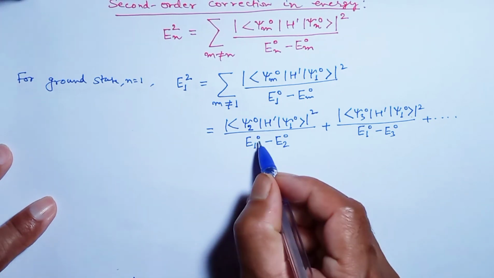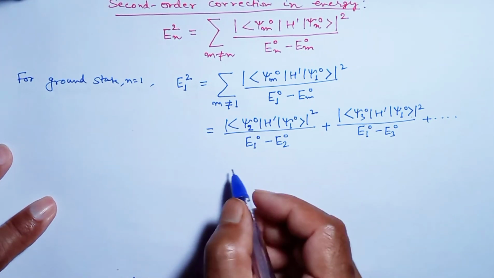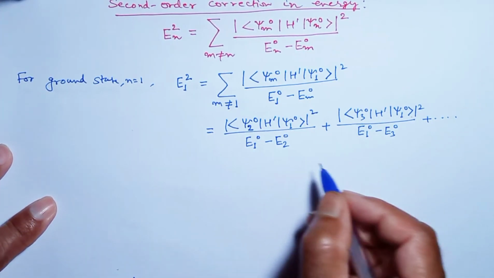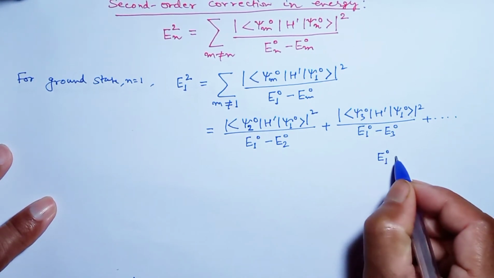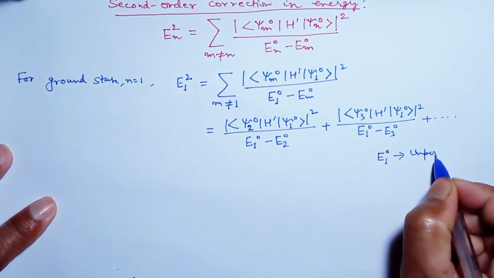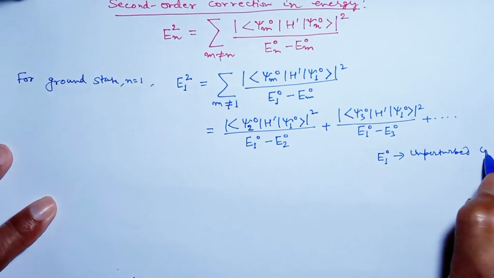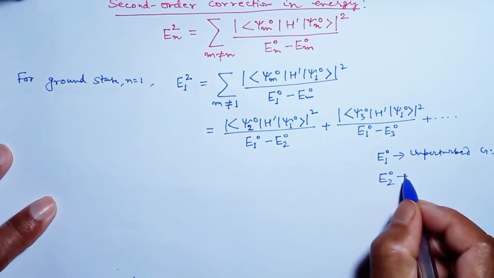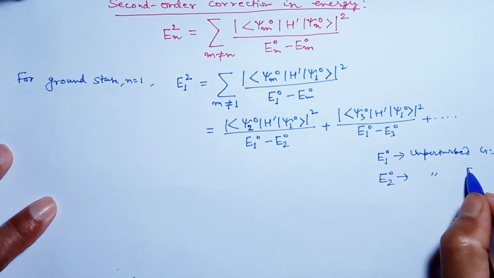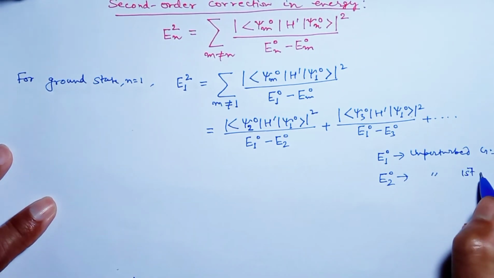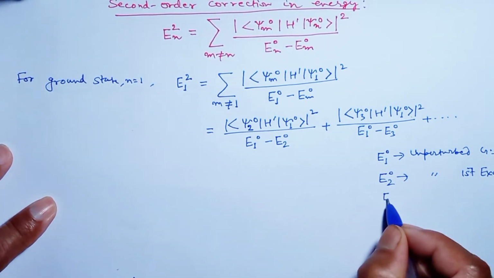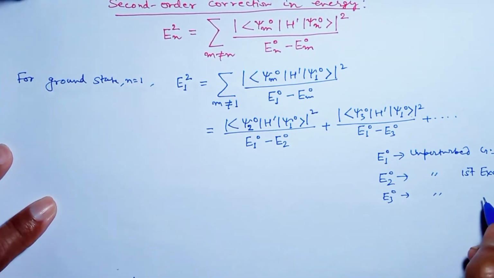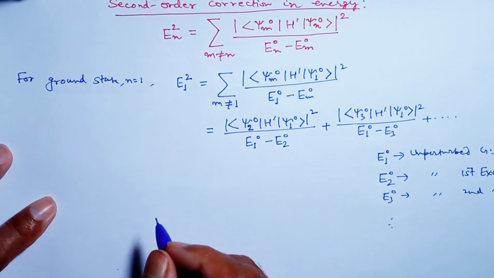Here E10 is the unperturbed ground state energy. E20 is the unperturbed first excited state energy. E30 is the unperturbed second excited state energy, and so on.